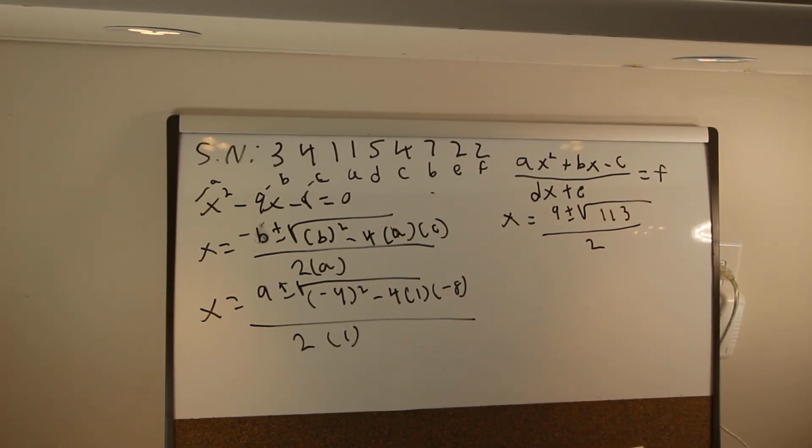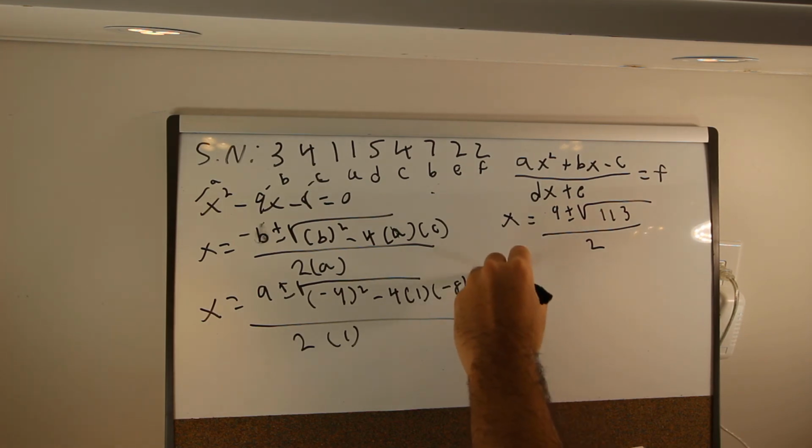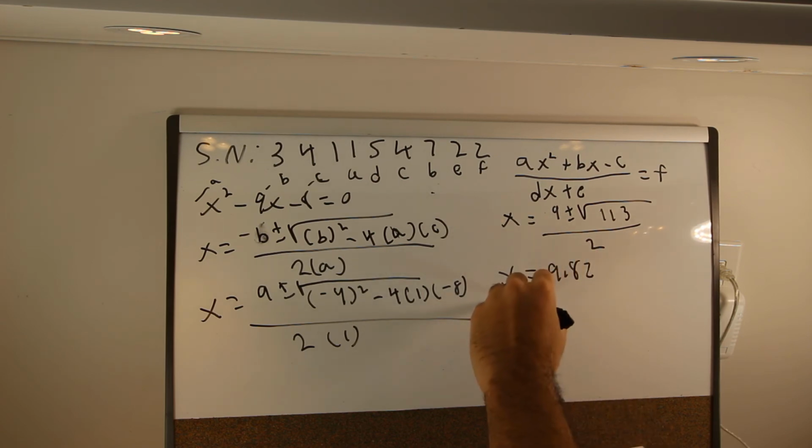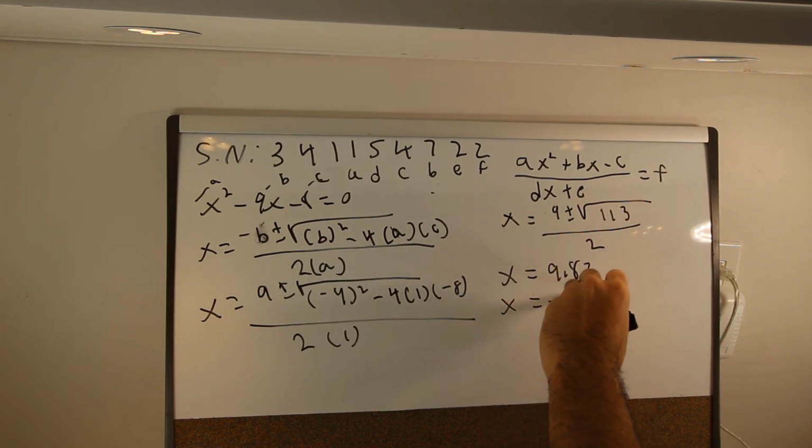So now we have to solve for x. One of the values for x, if you round to 2 decimal places, is going to be 9.82. The other one is going to be negative 0.82.